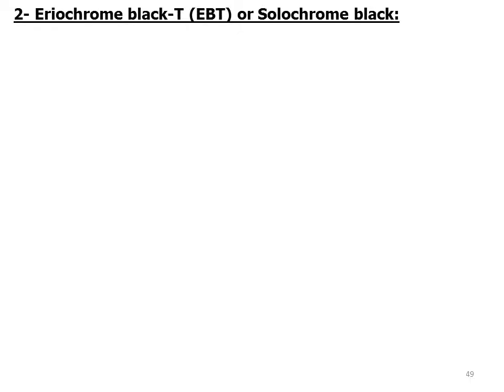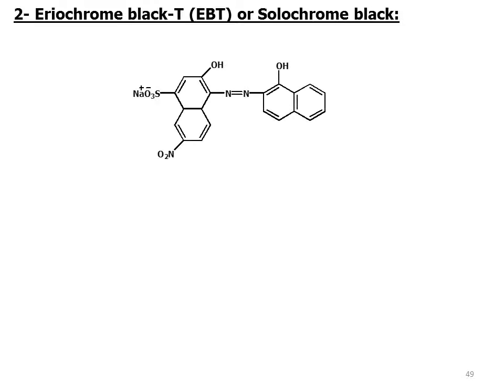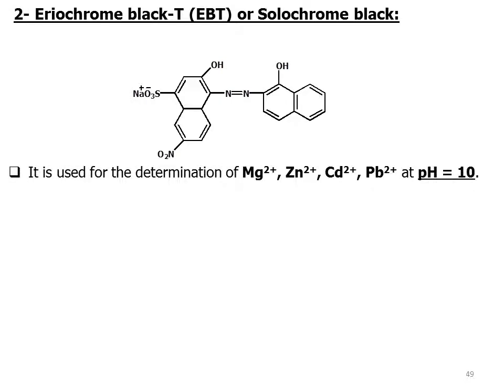Second metallochromic indicator we have is Eriochrome Black T, or EBT as abbreviated, or it's also called Solochrome Black. It is used for determination of magnesium, zinc, cadmium, lead at pH 10.